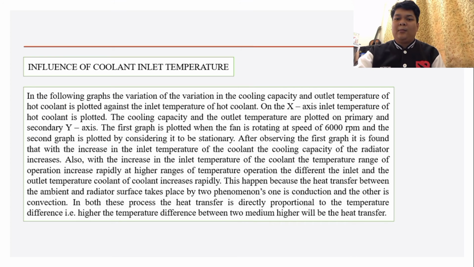The cooling capacity and the outlet temperature are plotted on the primary and secondary y-axis. The first graph is plotted when the fan is rotating at a speed of 6000 rpm and the second graph is plotted by considering it to be stationary.